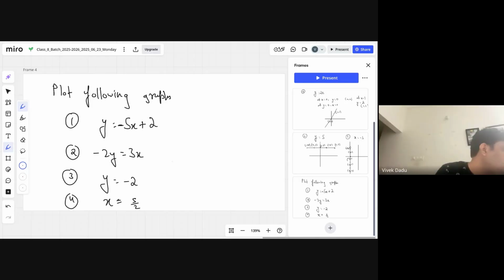Here. Second one, I labeled it down. It is still wrong.